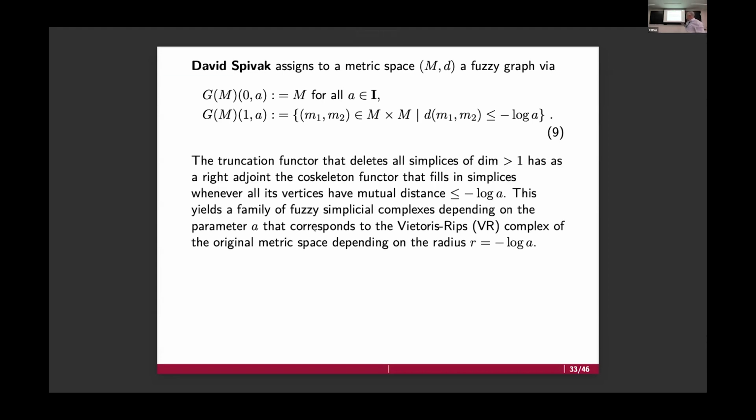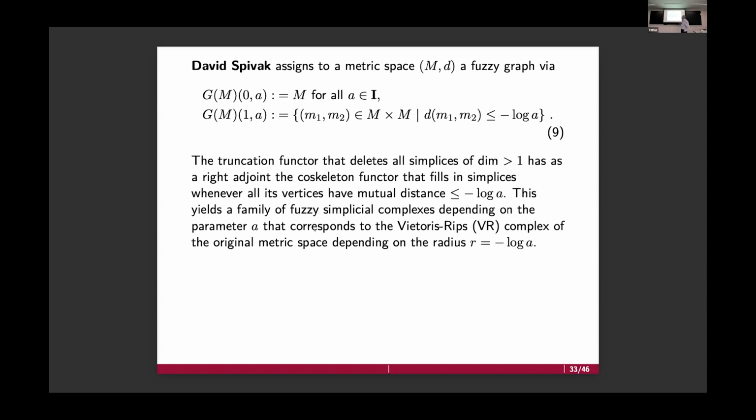And now you have the truncation functor that deletes all simplices of dimension bigger than 1. So we have a simplicial complex, and we just turn it into a graph, forgetting about all the higher simplices. And that truncation functor has a right adjoint. Again, there's some confusion in the literature about left and right adjoints, but we worked it out carefully.